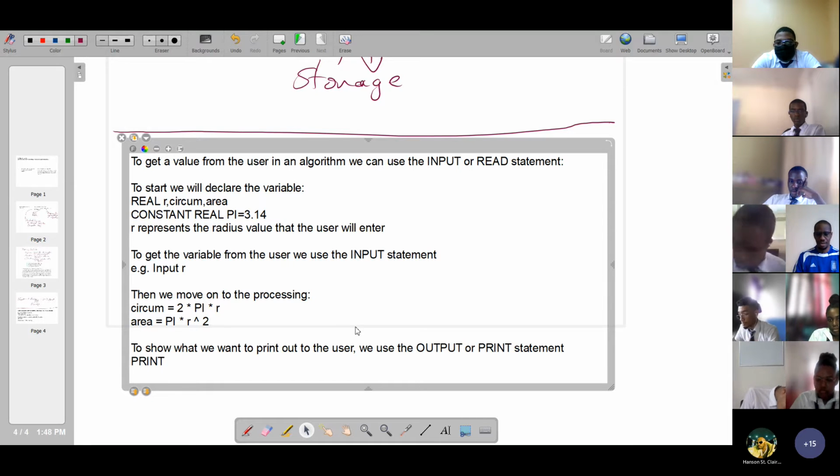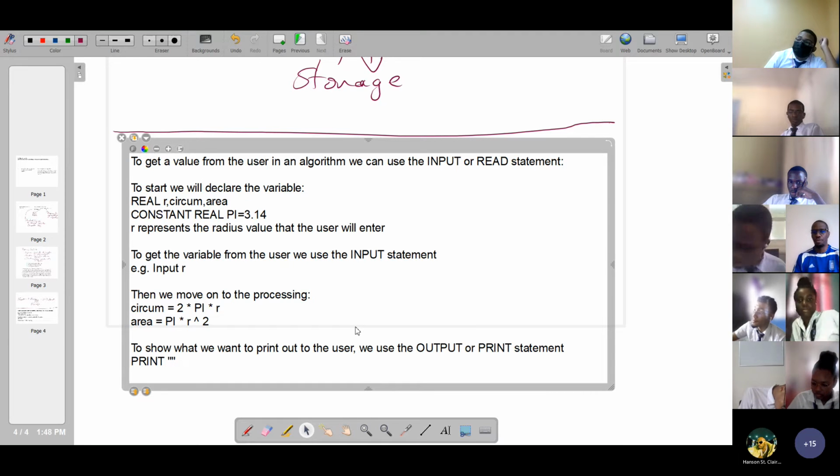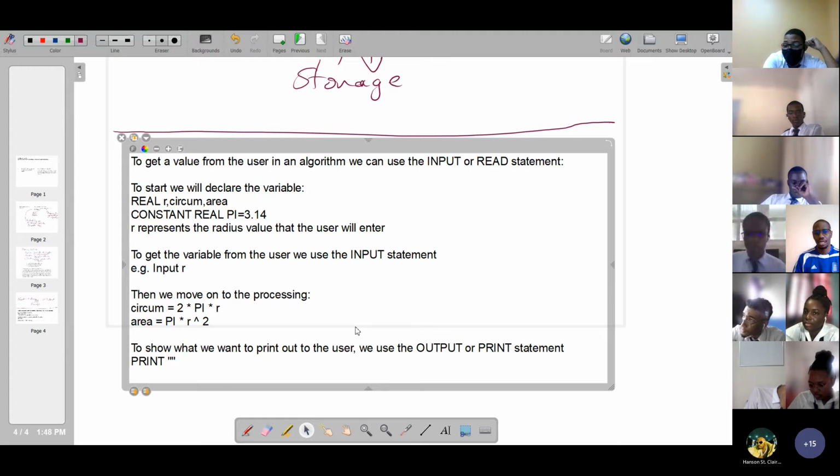Print, and when we are outputting, we have something called a string literal. Things between these quotes print as you type them or write them.